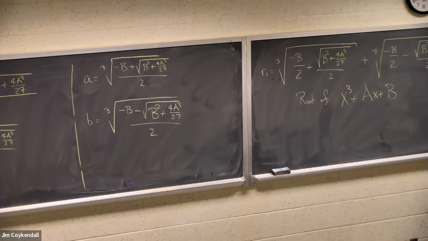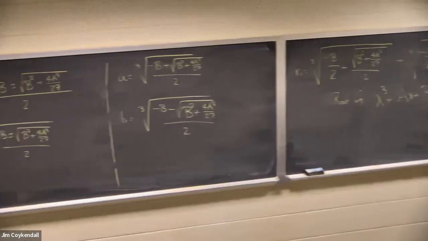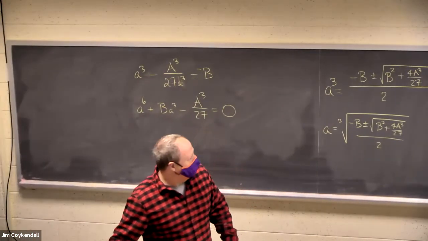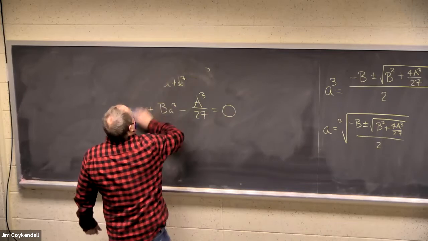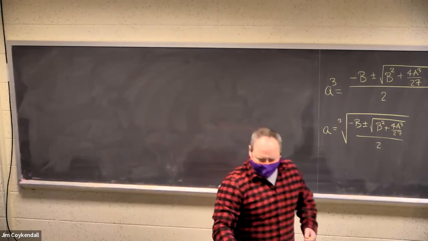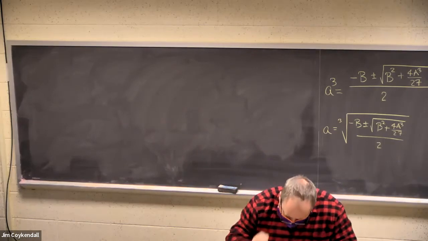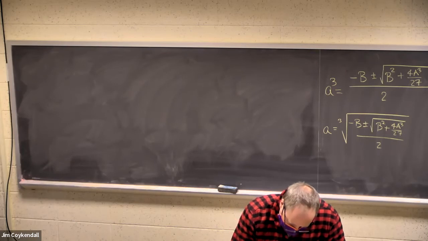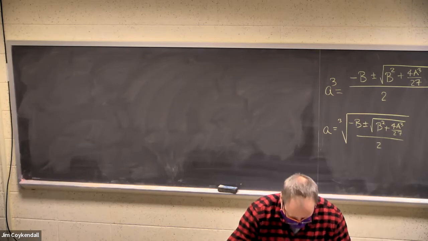Let's look at some special cases. So I'll leave my solution over there. What if I give you this? Let's start off with this warm up here. Let's look at the following cubic polynomial.